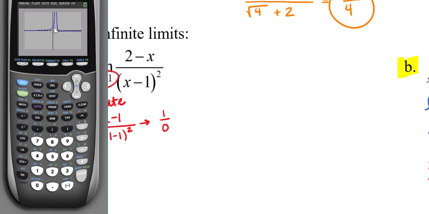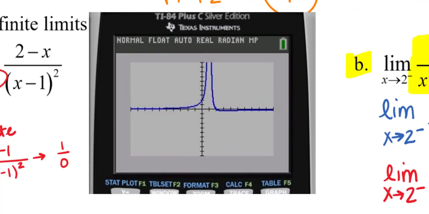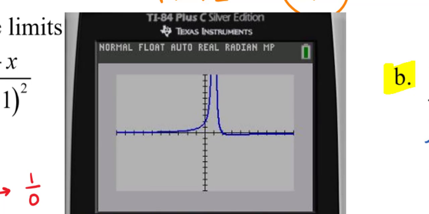So I can see, even though they didn't draw it in for me, I do have a vertical asymptote here at x approaches 1. So I'm going to draw what I see here on my paper, and I'm just going to use a screenshot. Okay, so here we are. Now I can see that as x is approaching 1, I have this vertical asymptote that they don't necessarily draw in for me, but I can see it.